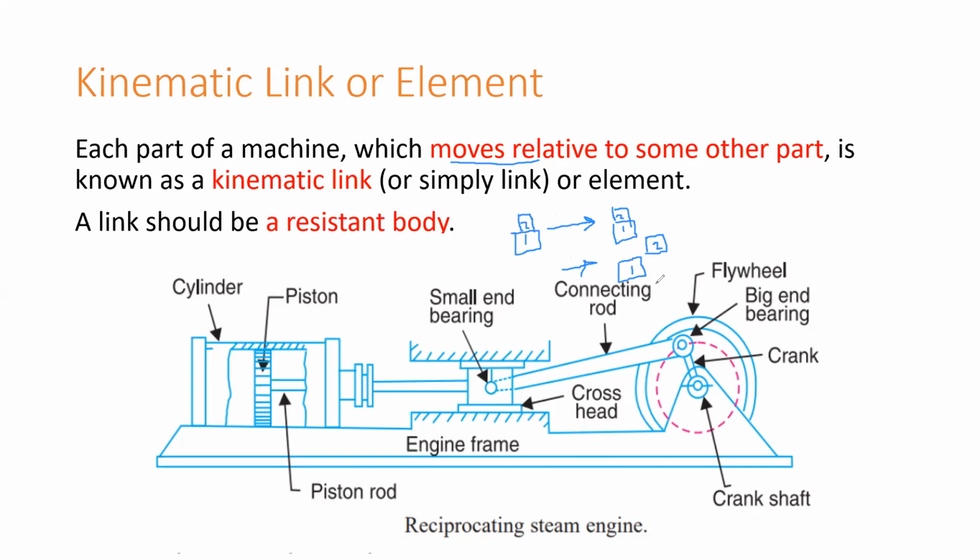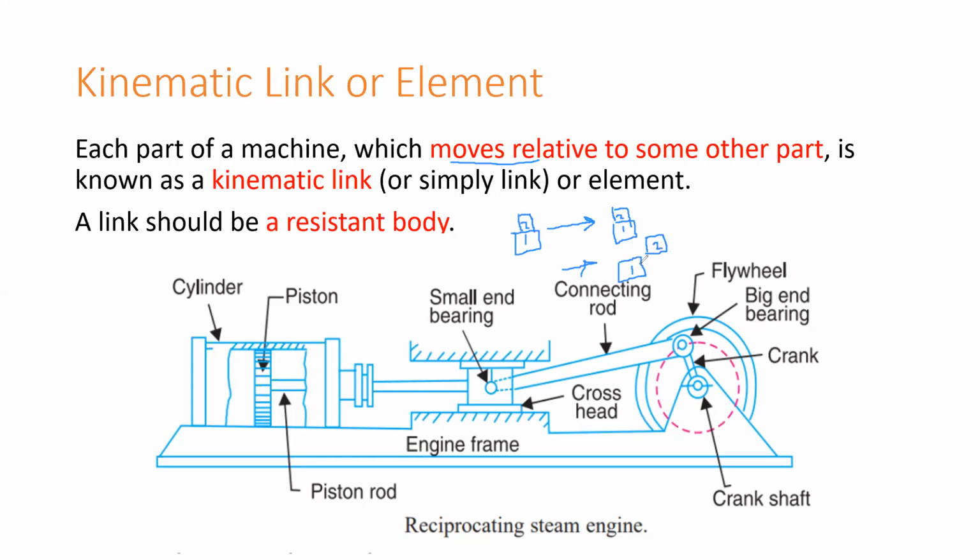Definitely you can say that some motion happened between block 1 and 2, because earlier block 2 was right above block 1, but now it is not, meaning it has moved with respect to 1 also. So now they are behaving separately.